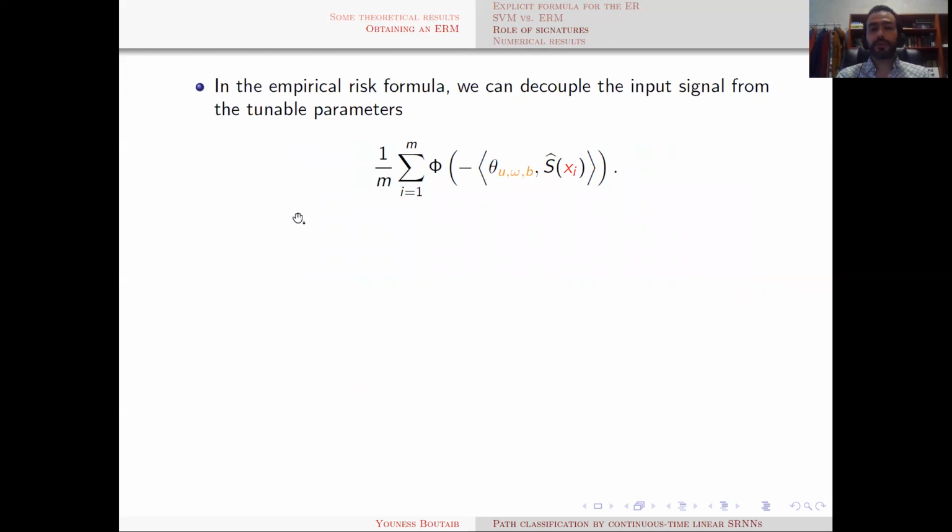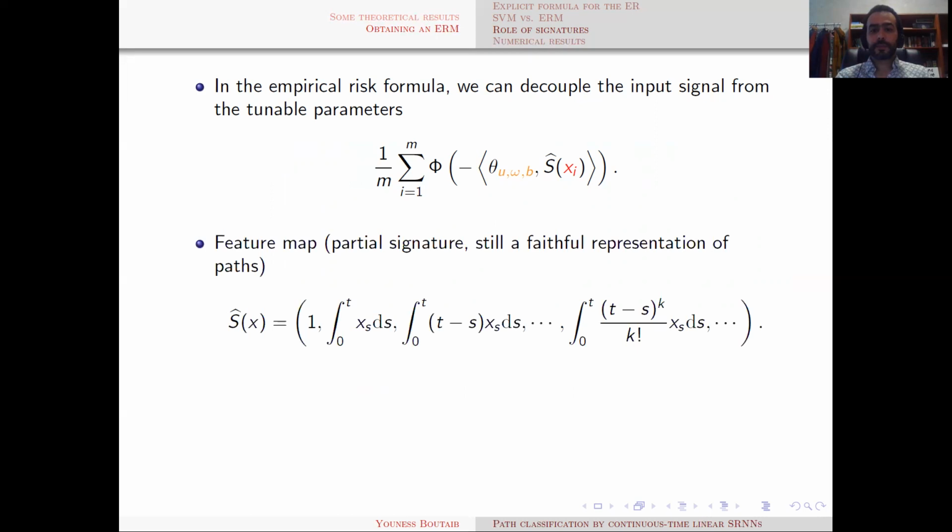Also, what we can do is to try to separate the input signal from the tunable parameters using two functionals. The functional of the input space is what we call a partial signature, referring to the main signature. So there's some information that is missing compared to the true signature.